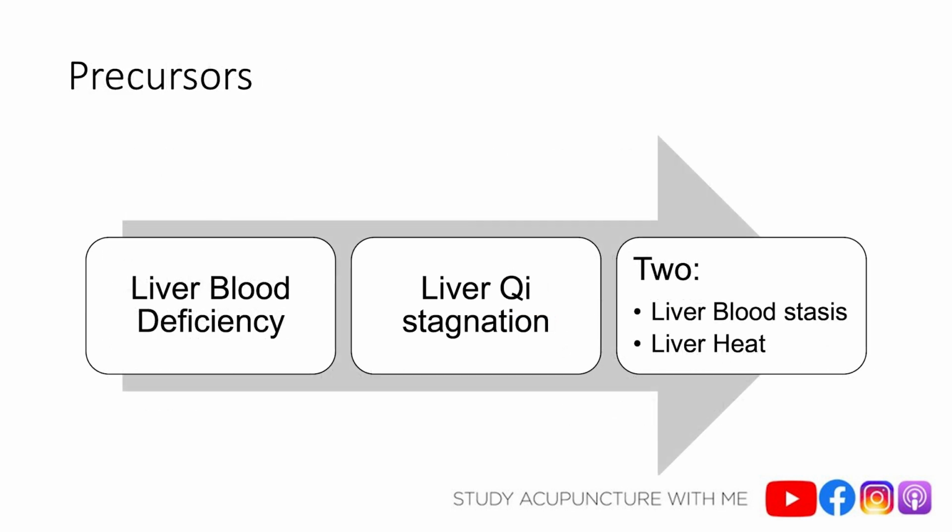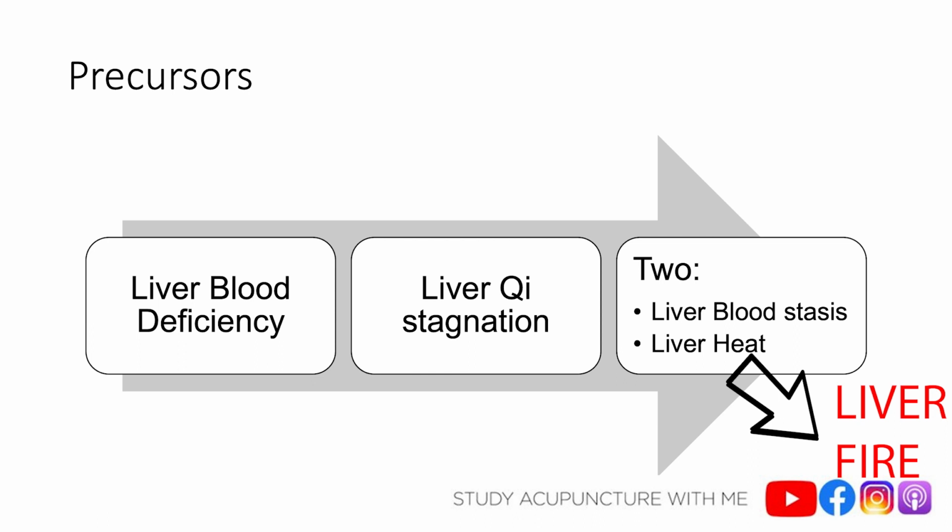With the full liver patterns, one example is liver qi stagnation, which is a precursor for stagnant liver qi turning into heat, and then finally full-blown liver fire, also known as liver fire blazing.